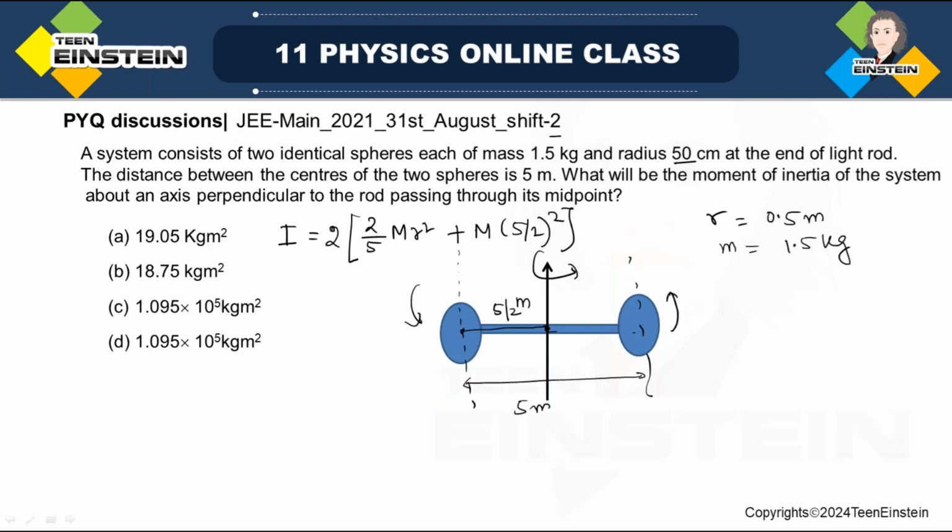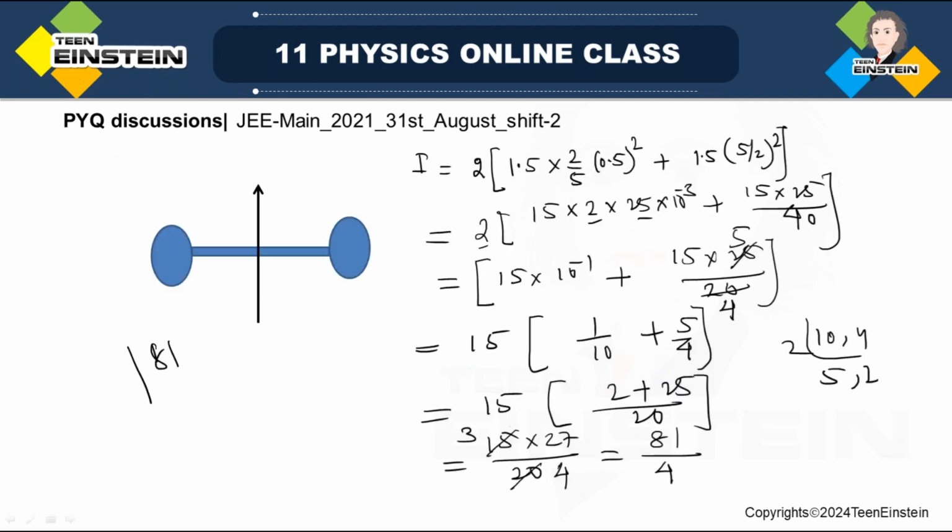Let me check once again whether I have made some mistake over here. This is 0.5, this is r square, 25 by 4, fine. This is again m, 2 multiplied. Let me check whether I have multiplied 2 over here. Yes, I have done that.